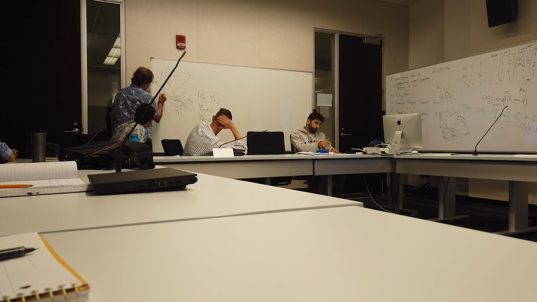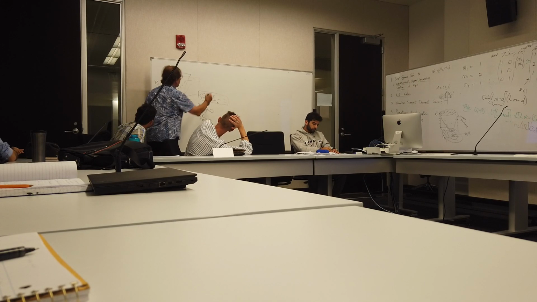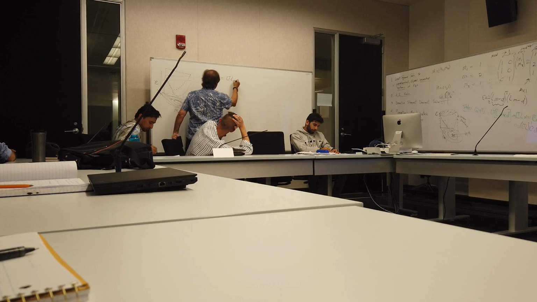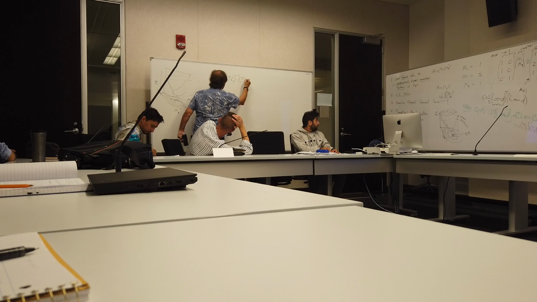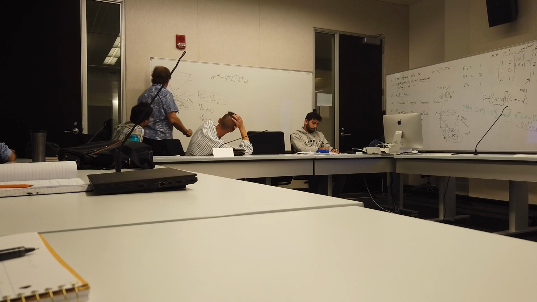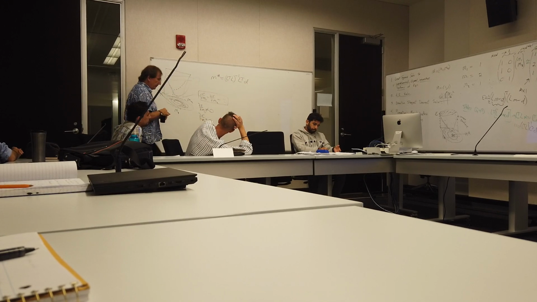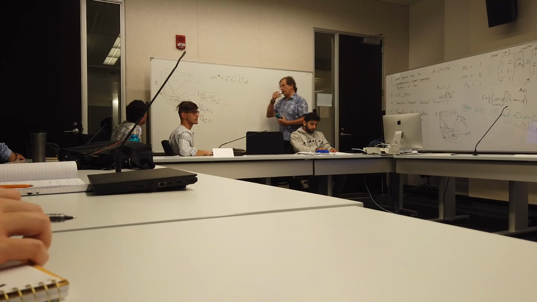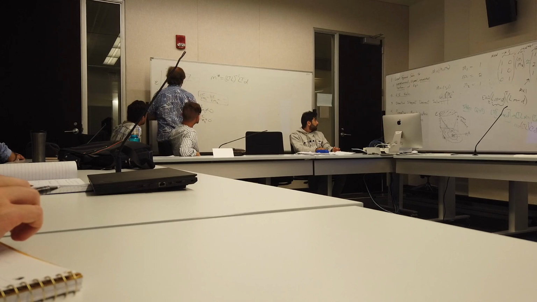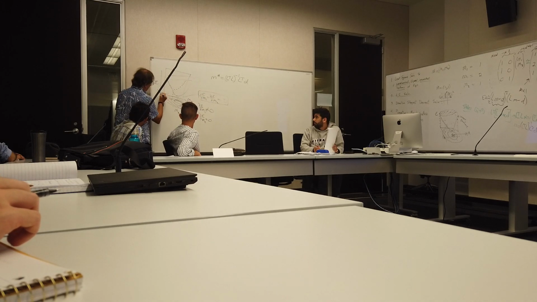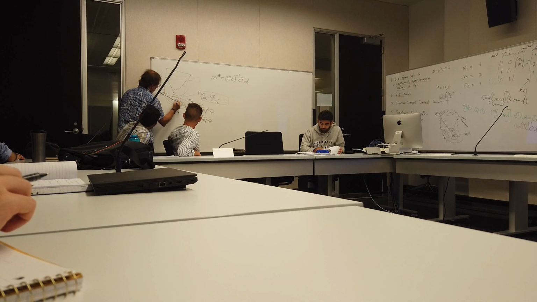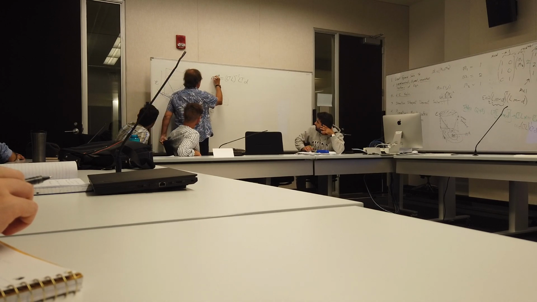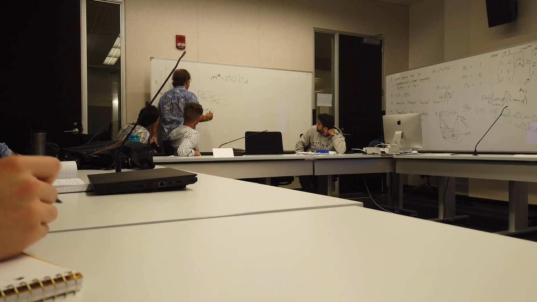So the least squares solution, as given by M star, is equal to L transpose L inverse L transpose D. This is all in the PowerPoint. So M star is given by that.